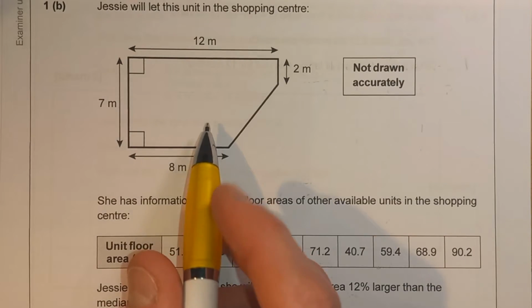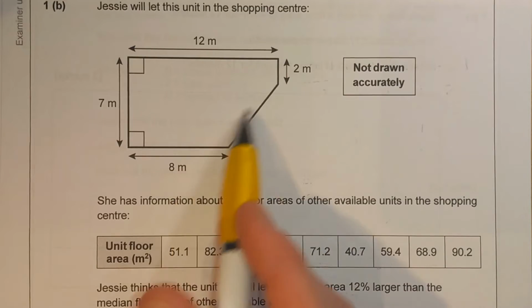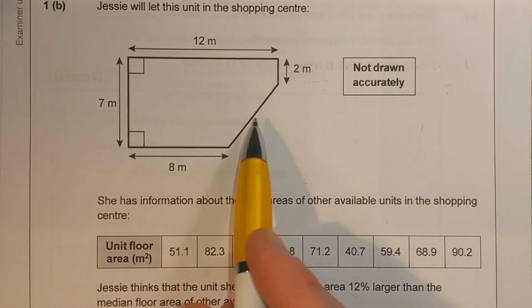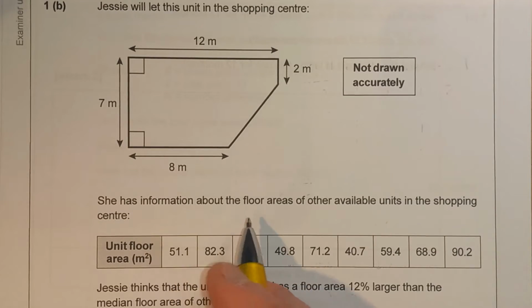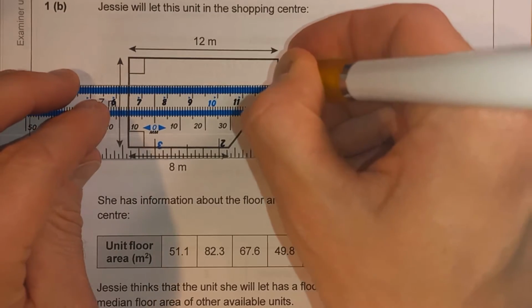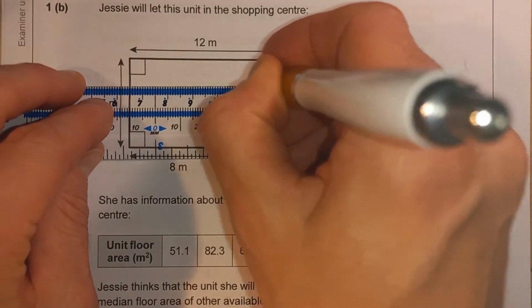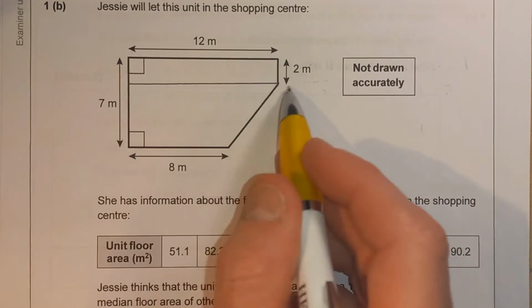So we've got a shape here, 1, 2, 3, 4, 5 sides. There's not an easy way that we can work out the area of this shape in one go. So what we're going to have to do is split it up into 2 shapes. And what I'm going to do is draw a line across here. So now we've got a rectangle up here.